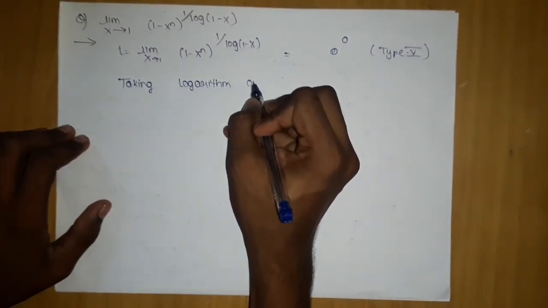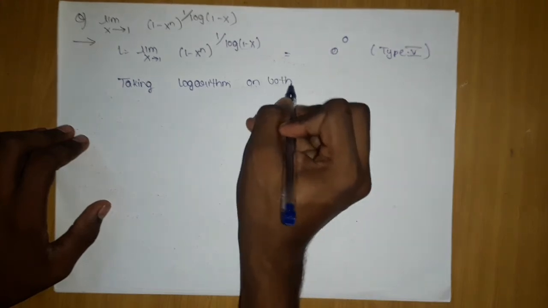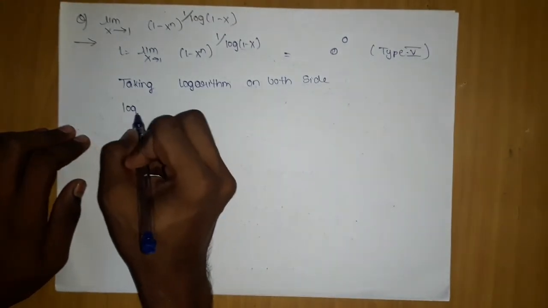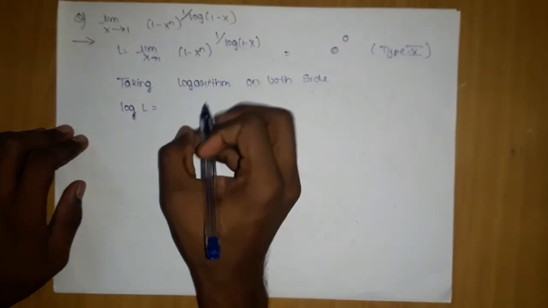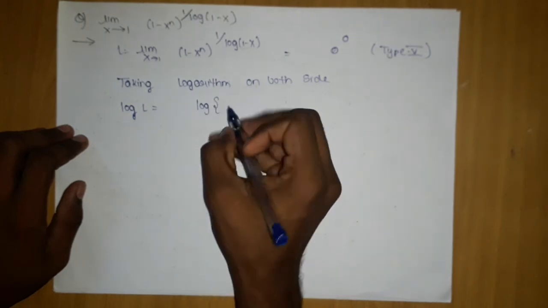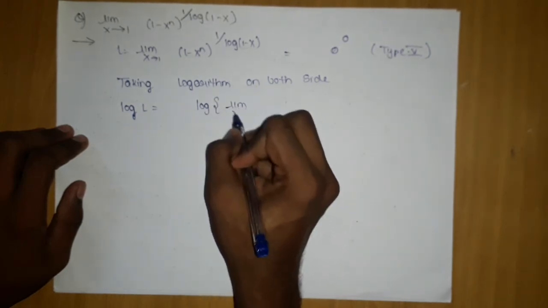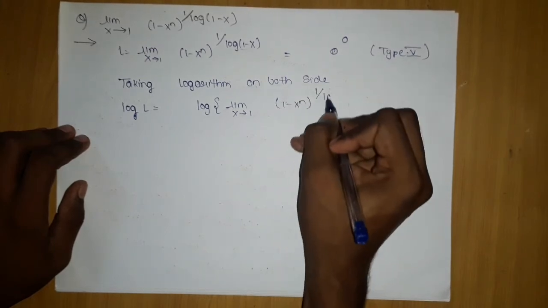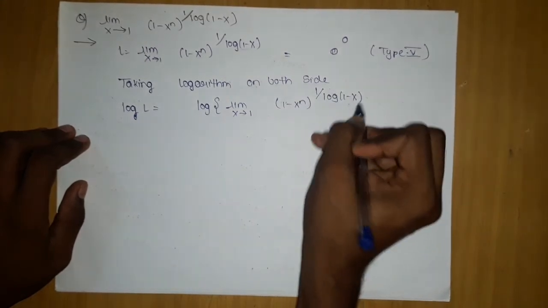Taking logarithm on both sides. Log L equals log of limit x tends to 1, (1 minus x) power n, 1 by log (1 minus x).